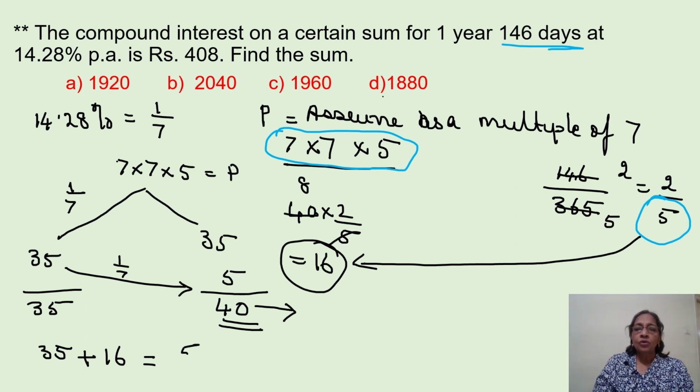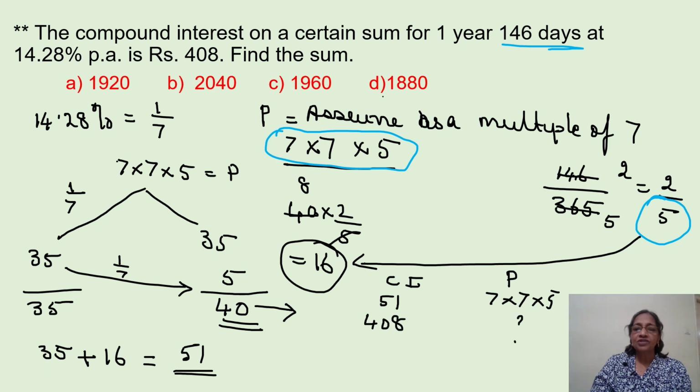So the total compound interest is 51 rupees. If the compound interest is 51, now principal is 7 into 7 into 5, which I have assumed. So if this is 408, how much is this?